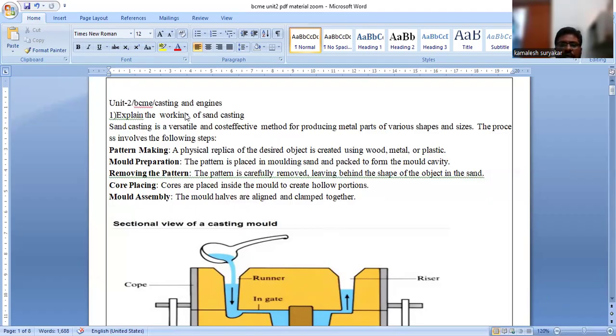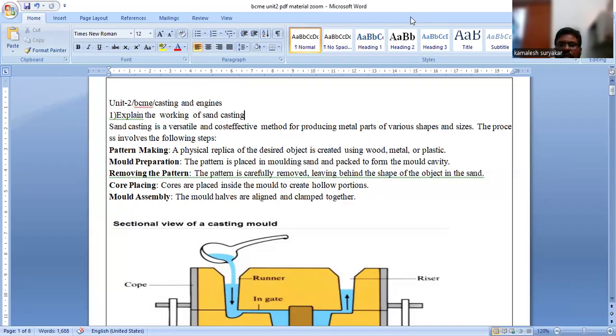So here, the question taken is: explain the working of sand casting. What is the explanation about this sand casting? Sand casting is a term of manufacturing.